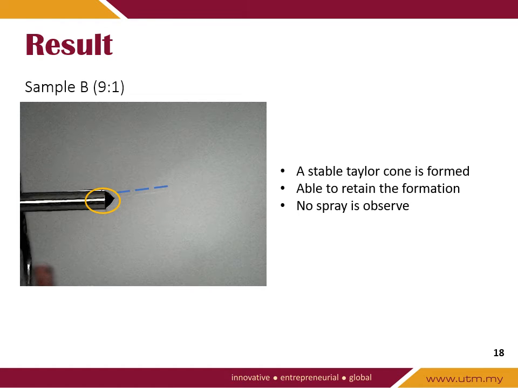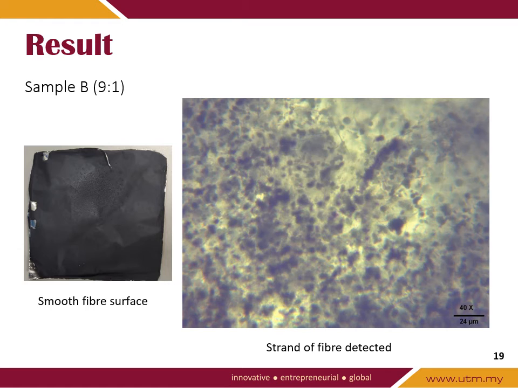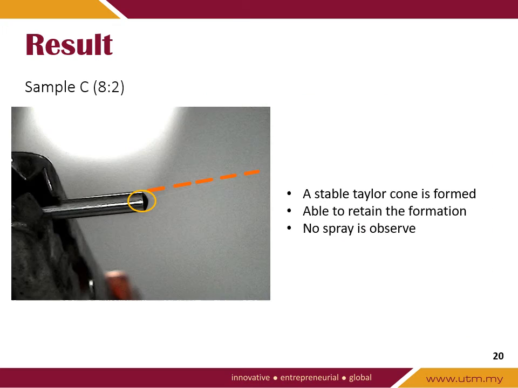For sample B, a stable Taylor cone is formed, able to retain this formation throughout the process and no spray is observed. We obtain a smooth fiber surface and a strand of fiber is detected.